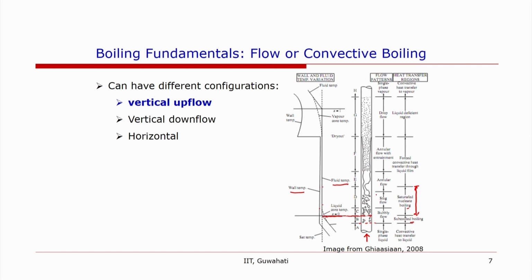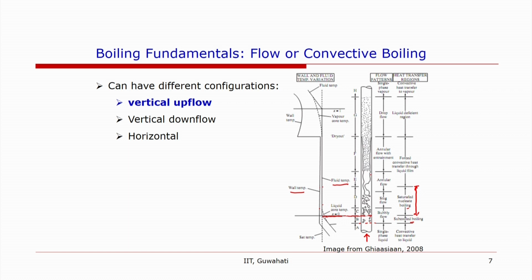As we move further down the channel, these bubbles coalesce and grow, and slug flow, or the large bubbles, occurs. Further down, we see the occurrence of annular flow, because the quality has increased sufficiently, and as the quality increases, the volume fraction of gas becomes very high, because the density of gas is very small compared with that of the liquid.